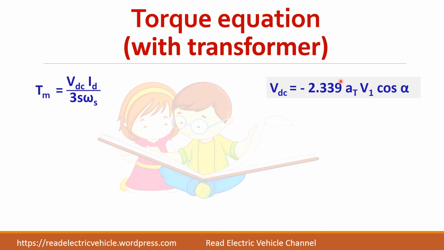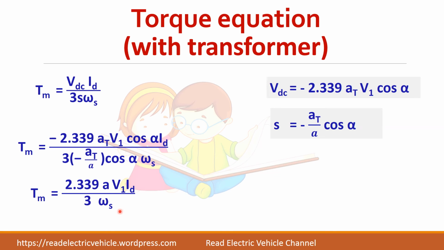When you consider the transformer, you will get AT in the voltage equation, as well as in the slip equation you will get one AT, but this is in the numerator, this is in the denominator. So both ATs will get cancelled and again you will get the same torque equation.